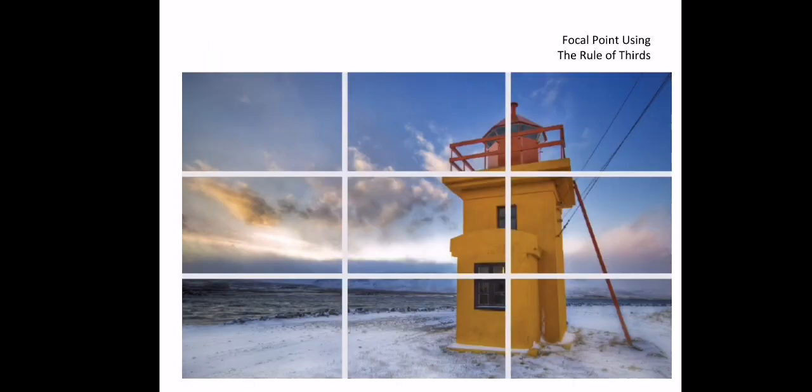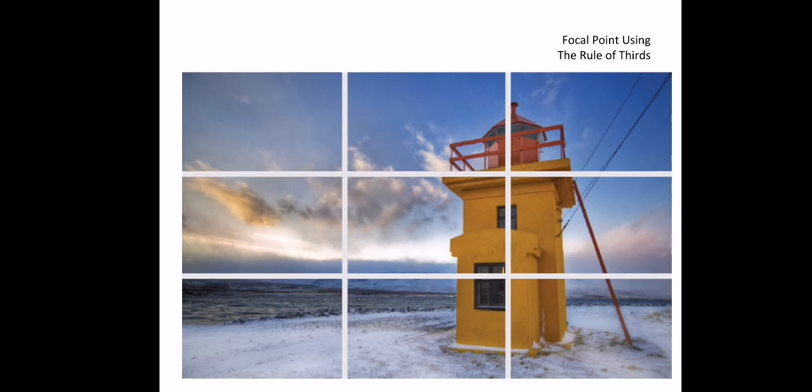But if you look at a photo like this one here, the focal point of the photo is aligned quite nicely on the right-hand side along that grid. And if you look at where the horizon is, you'll see also that the horizon is aligned along the horizontal grid as well.